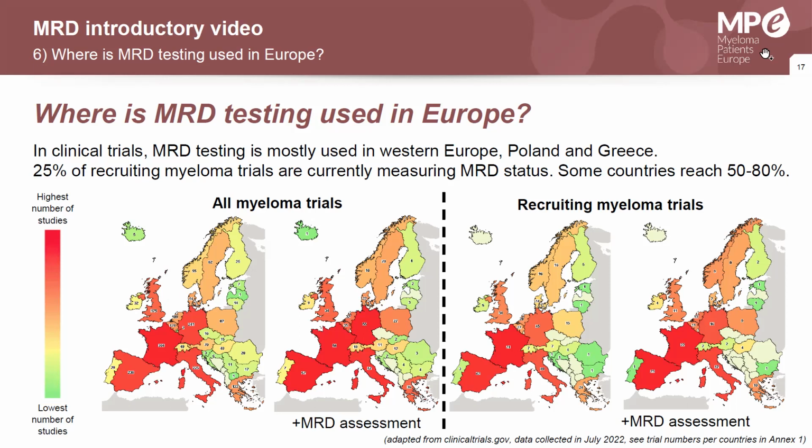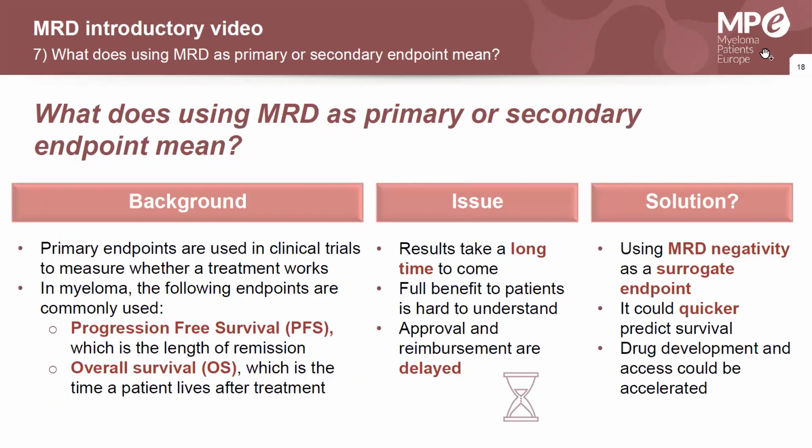So what does using MRD as a primary or secondary endpoint mean? A primary endpoint is something used in clinical trials of new medicines to measure whether a treatment has worked or not. This commonly measures survival or other areas such as quality of life.